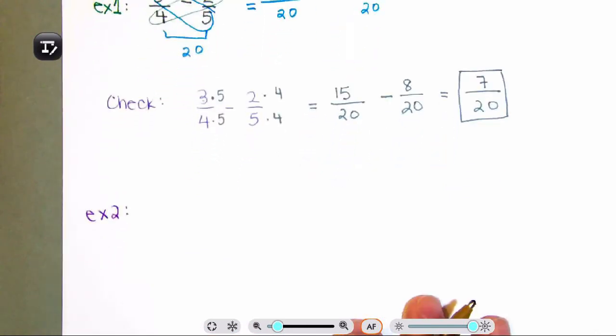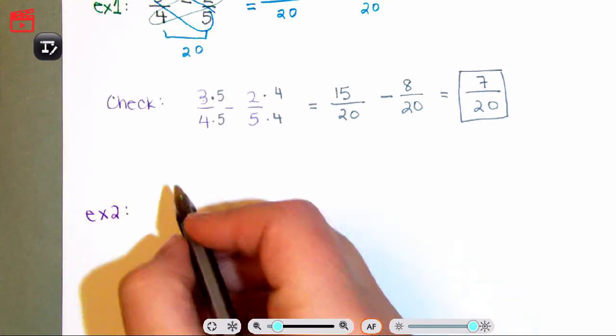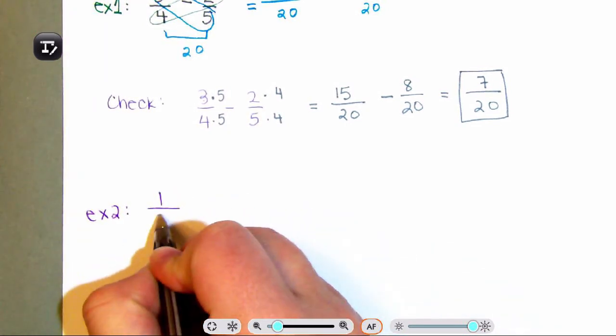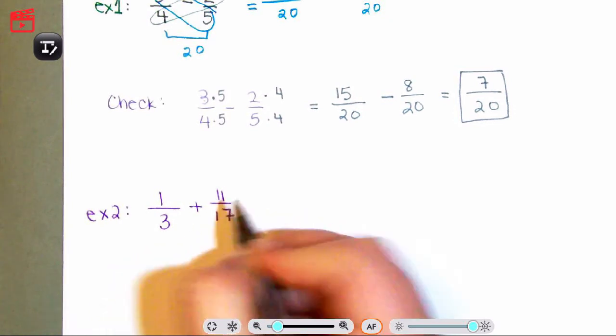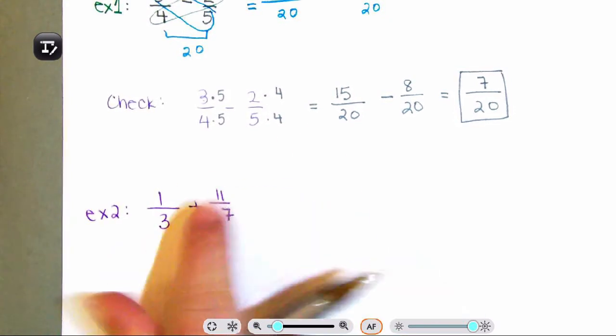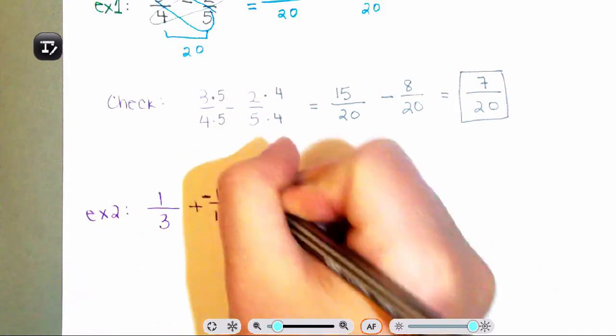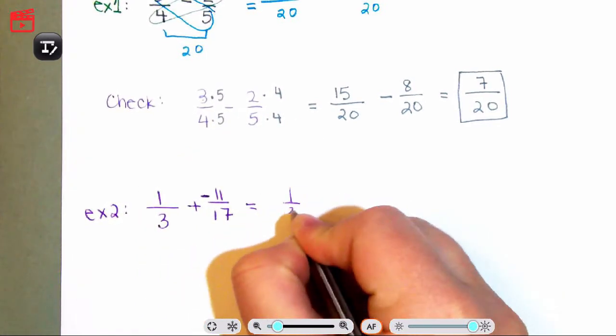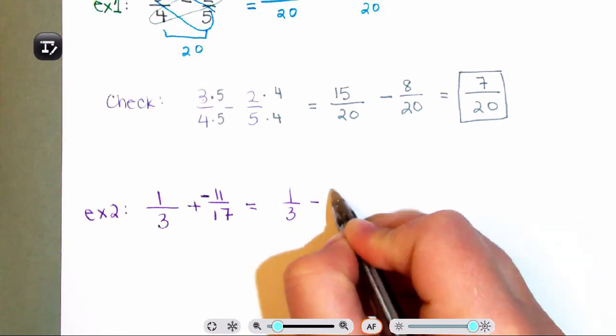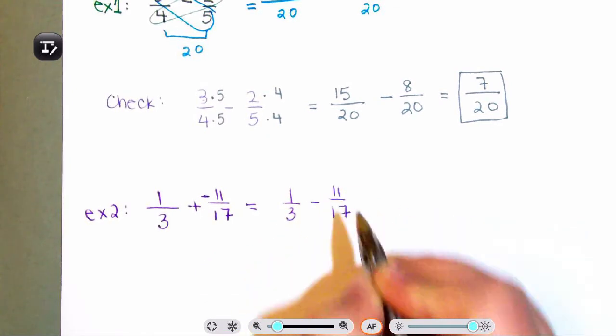So example 2, I'm going to use one of our examples from our previous question. One of them is 1 over 3 plus 11/17. And in this case, I did put a plus, but I'm going to change that to a minus by putting a negative. So this is the same thing as saying 1/3 minus 11/17. Same thing.